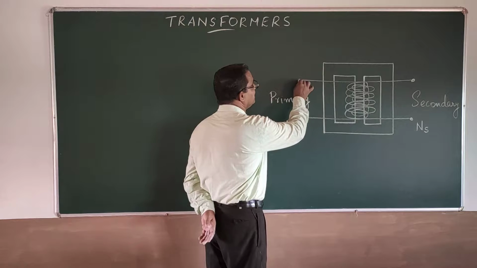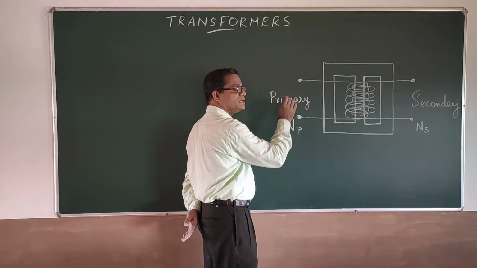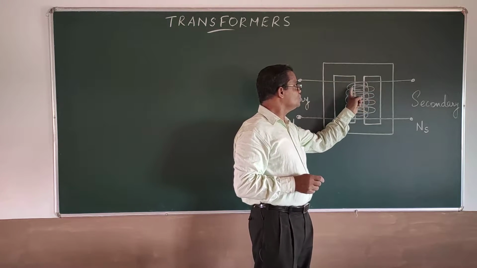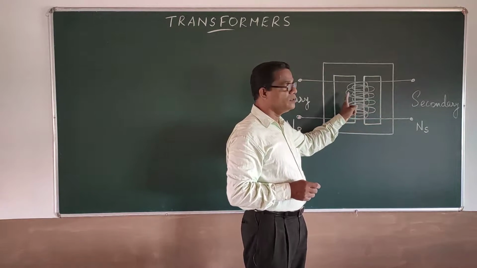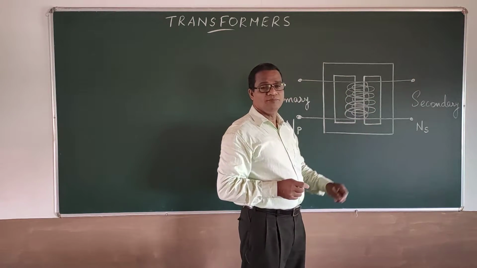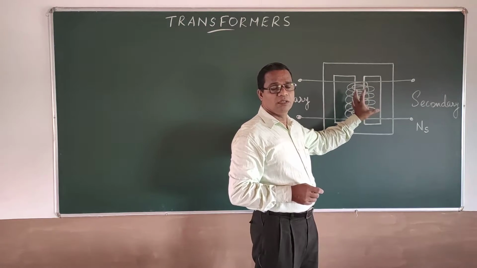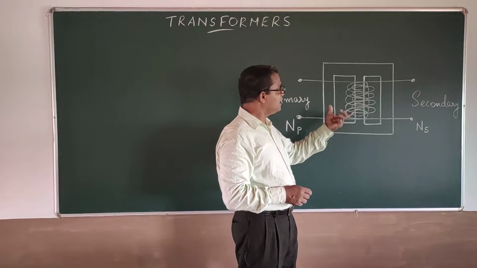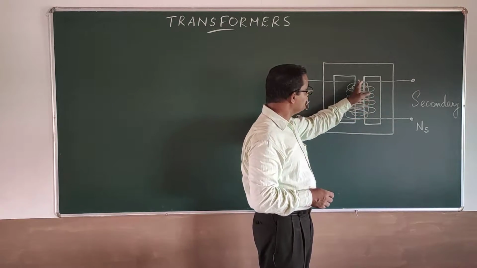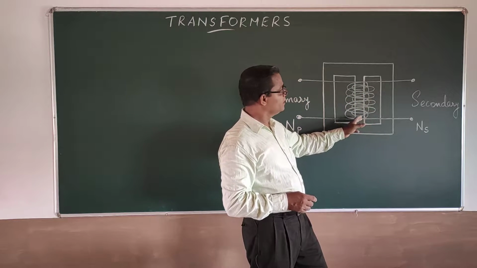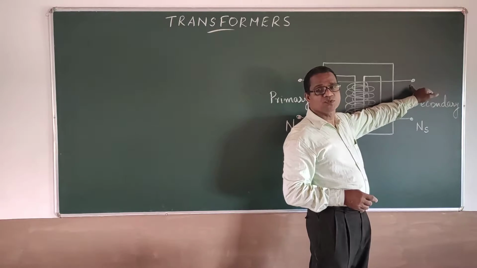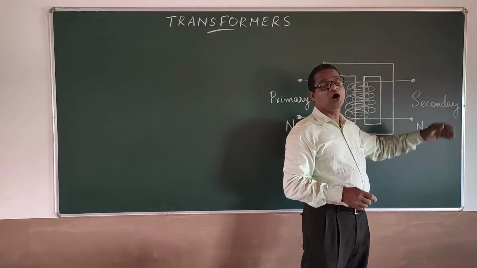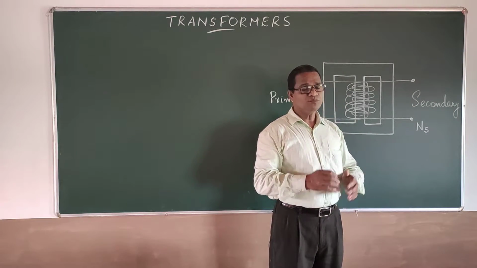Suppose I apply a varying voltage as the input here, that produces a varying current flow through the primary coil, and that primary coil will be producing a flux, and that varying flux will be linked with the secondary coil, and that varying flux produces an output here called a varying voltage as the output. So mutual induction is coming.